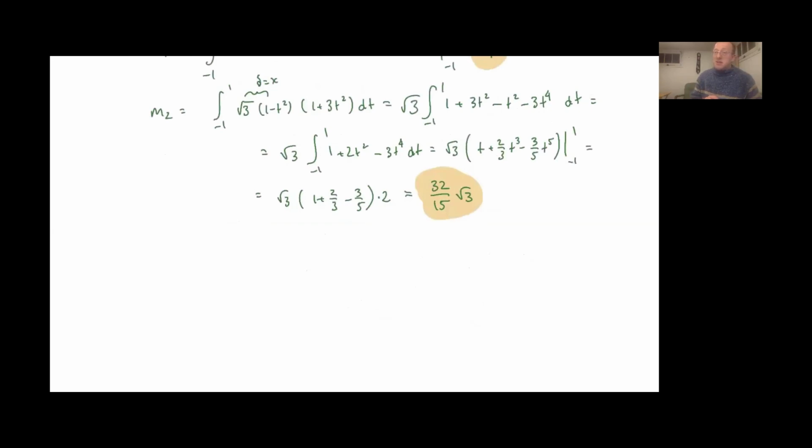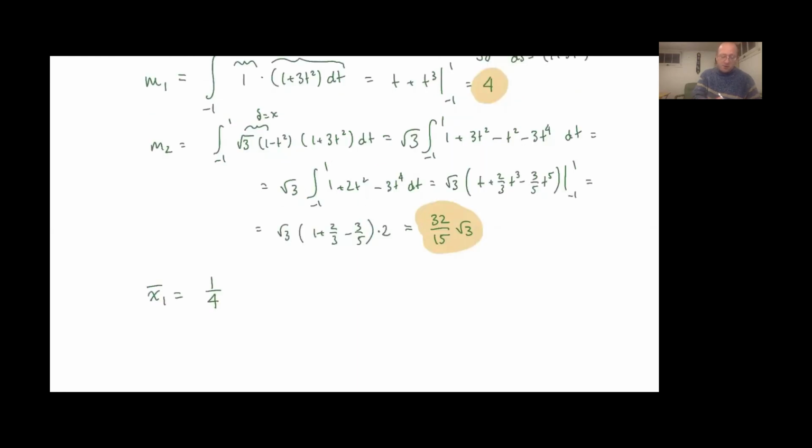Now let's start trying to figure out our centers of mass. So what would be the x-coordinate of the center of mass in the first density with constant density 1? Well, we would take 1 over the mass that we found. We found mass 4 when we used this density 1.